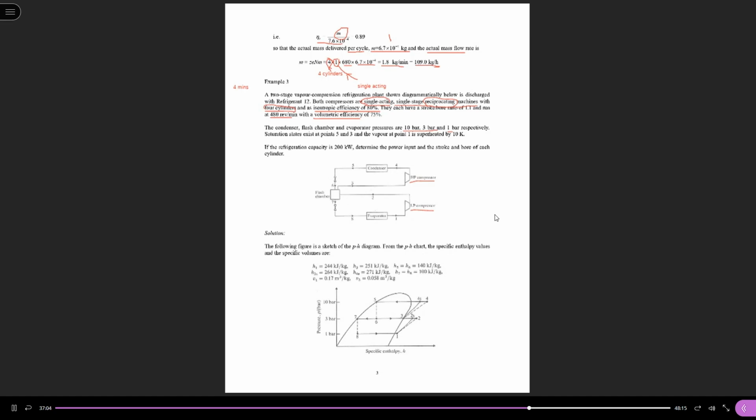For states 3 and 5, there is no superheating or supercooling, and state 1 is superheated by 10 Kelvin. As we learned, sometimes the expansion valve can also be used to control the superheat degree.